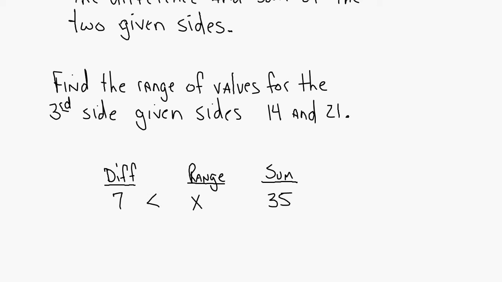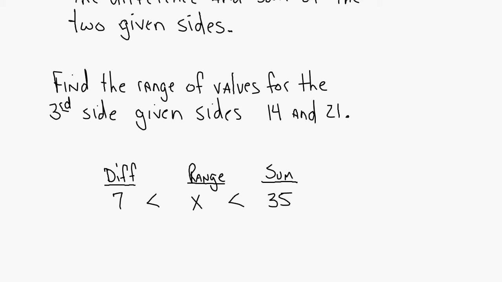You point both your inequalities to the left. So the range of values for the third side of this triangle is anything greater than 7 and less than 35. Greater than 7 and less than 35 will form a triangle. So does 7 work? No, 7 won't work.